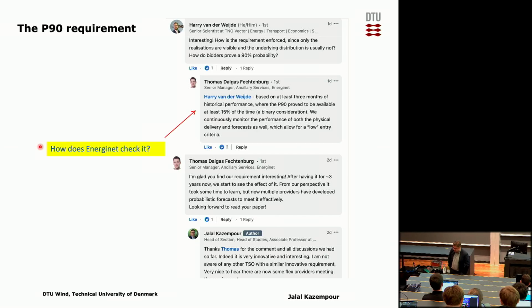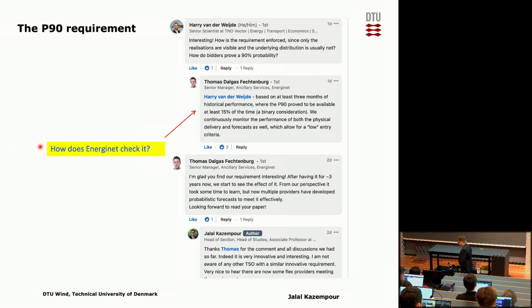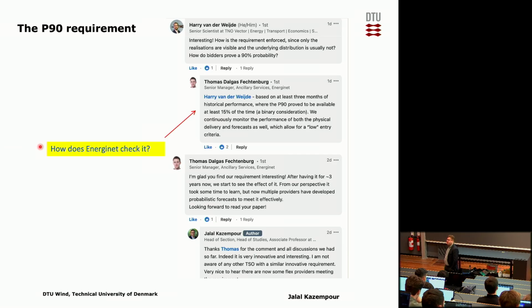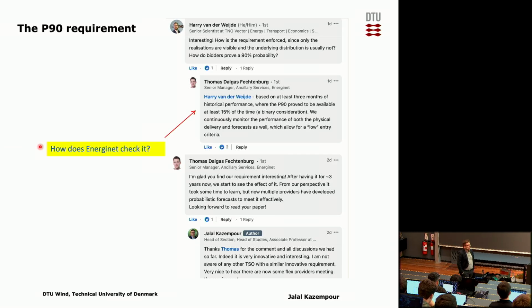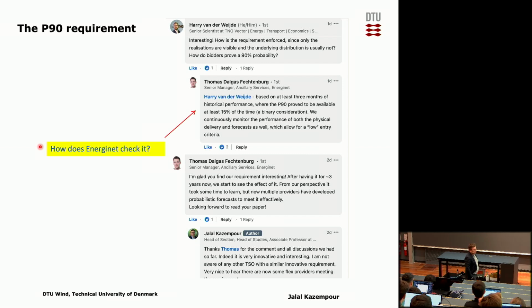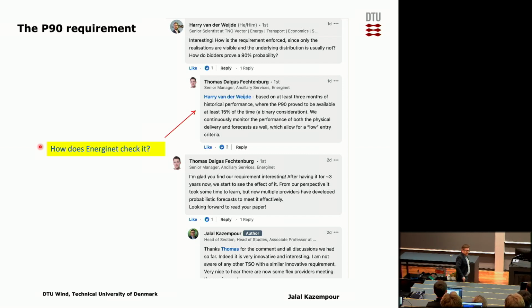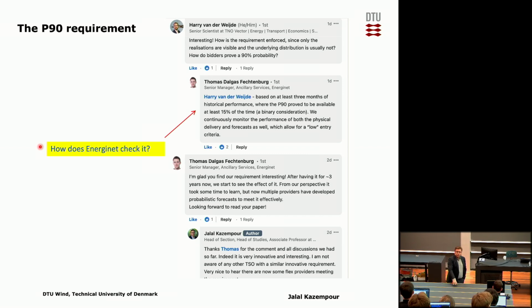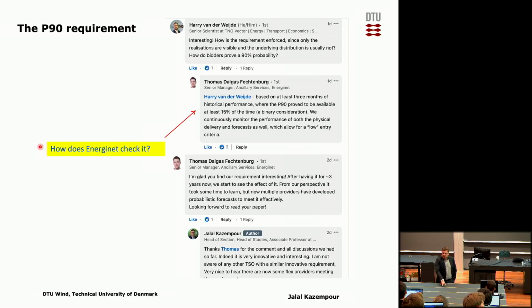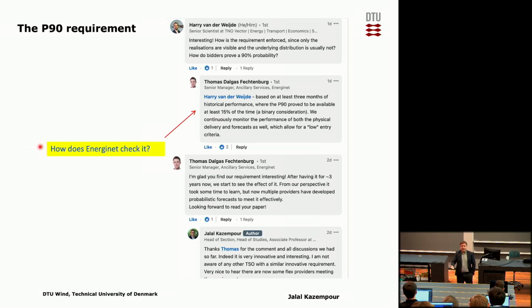For example, in the Netherlands, if I'm not wrong, TenneT has a market called a secondary auction for aFRR. Say as an aggregator you have a bid of 1 megawatt participating in aFRR, and after the market cleared, you realize that that 1 megawatt is not available anymore.